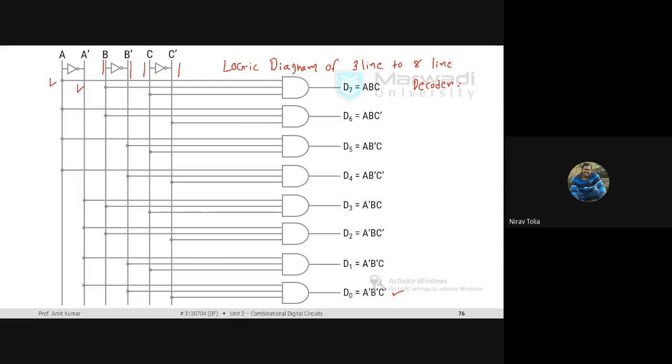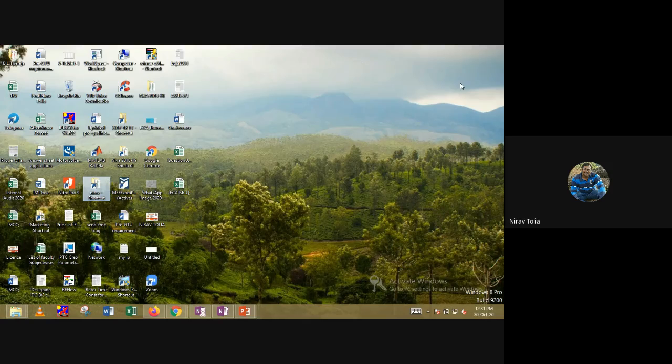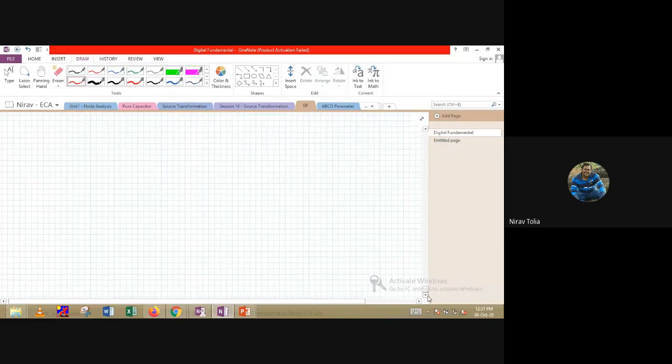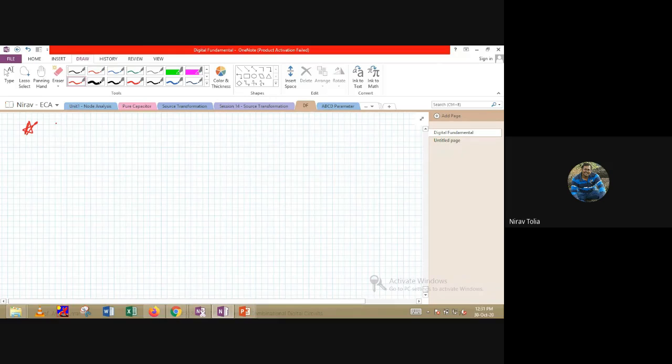We have to learn the 2-line to 4-line decoder.